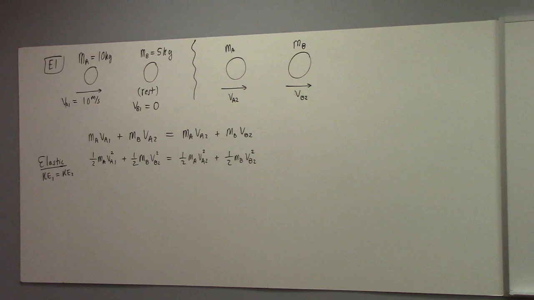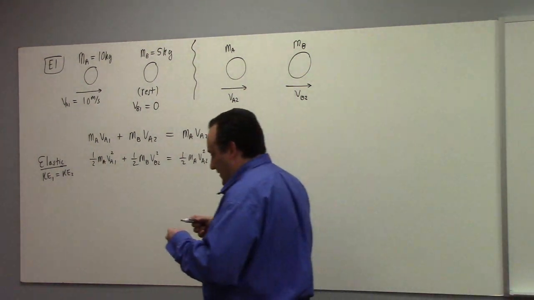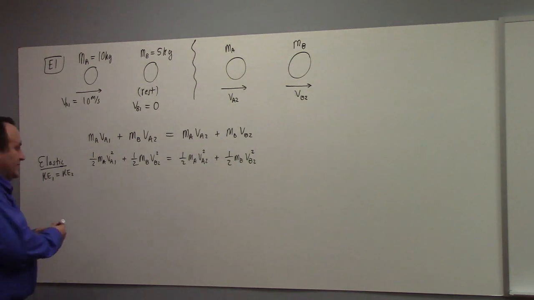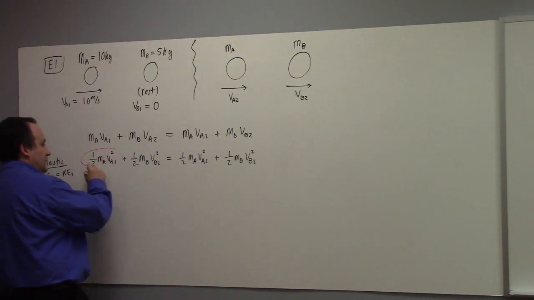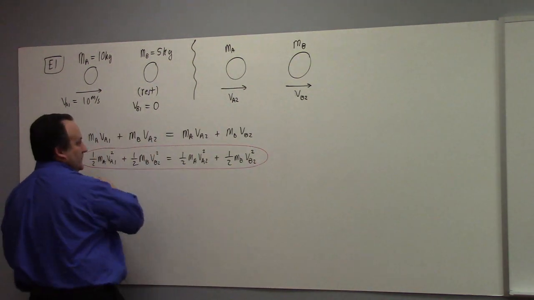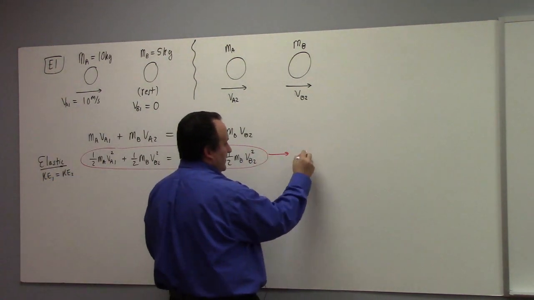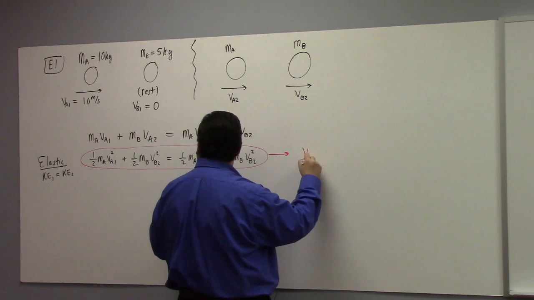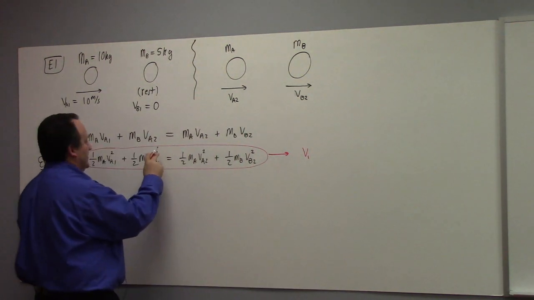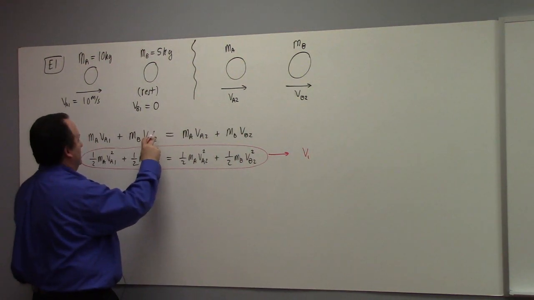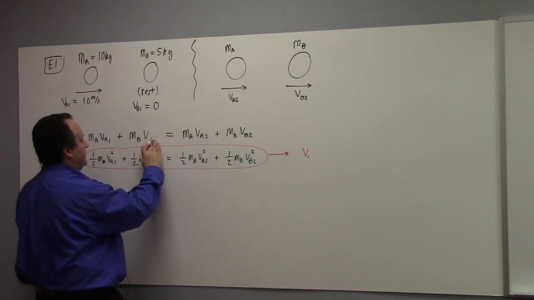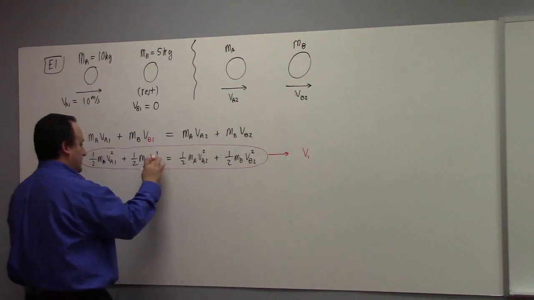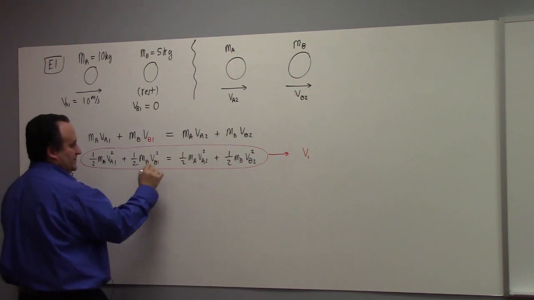What did we learn? We learned that we can trade this nonlinear equation in the velocity for what? There was supposed to be a 1 here. My bad. VB1, VA2, there we go.